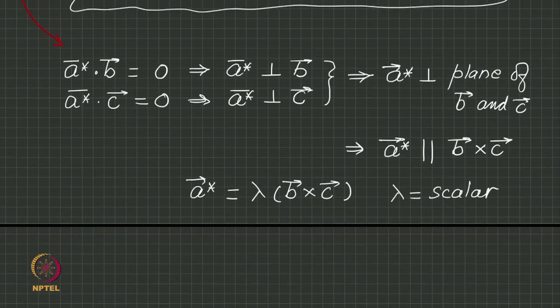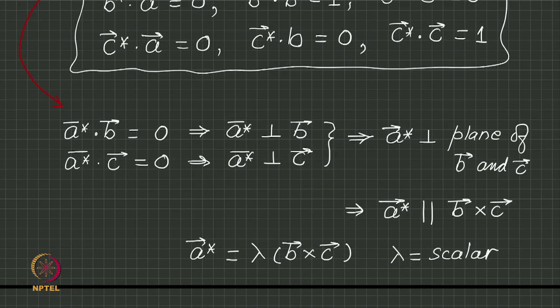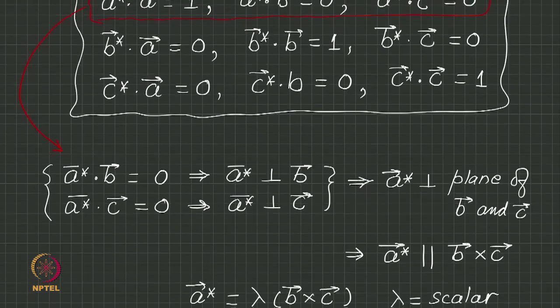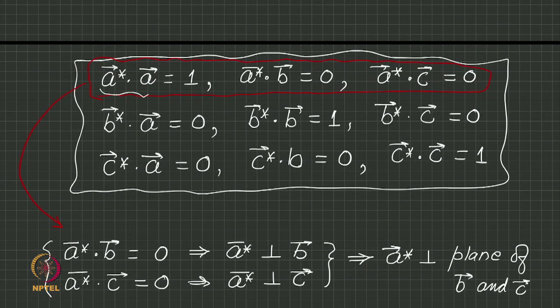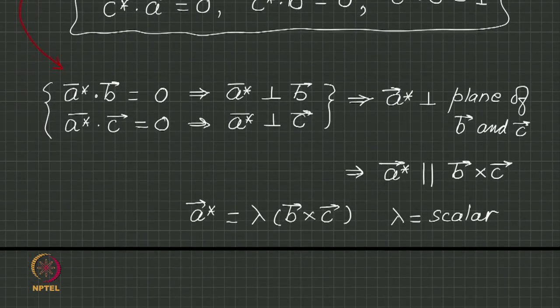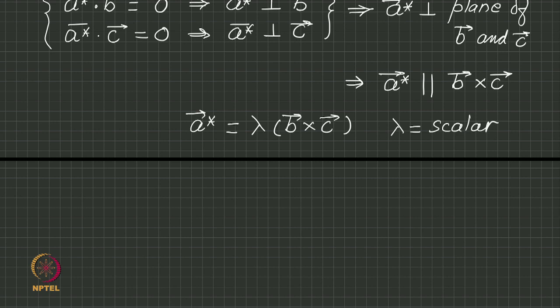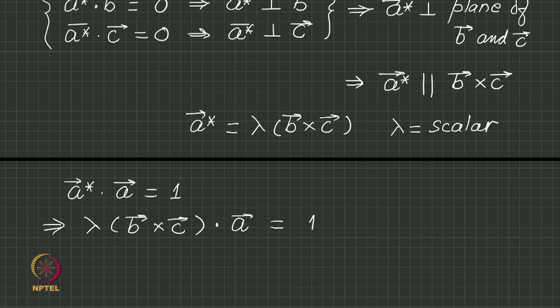We have no information about lambda, but recall we have used only two relations given for A star. The very first one we were ignoring till now. So, now we will use the first one to our rescue and we will be able to find lambda. A star dot A is equal to 1, we did not use this. So, let us use that now. We have a formulation for A star as lambda B cross C, so lambda B cross C dot A is equal to 1.